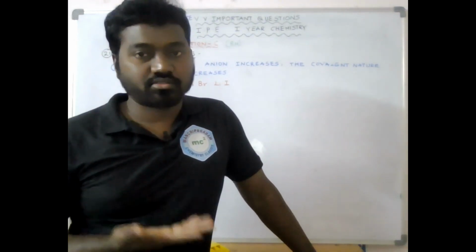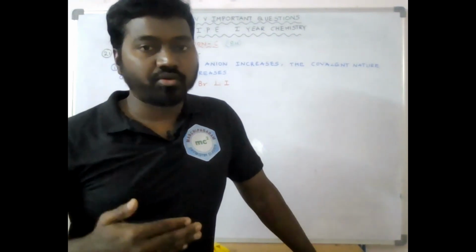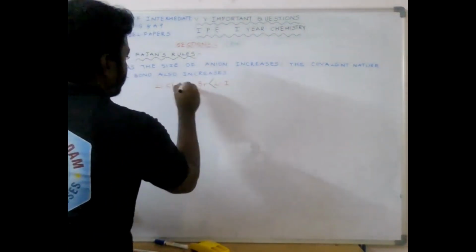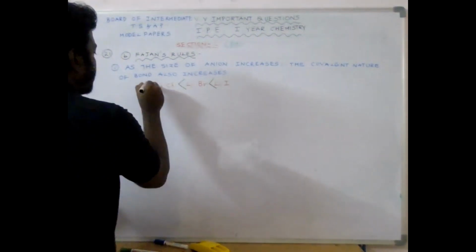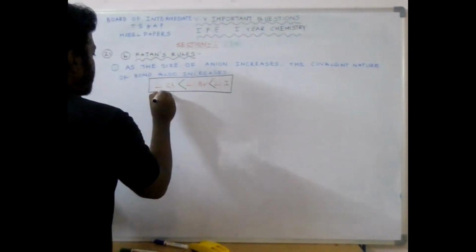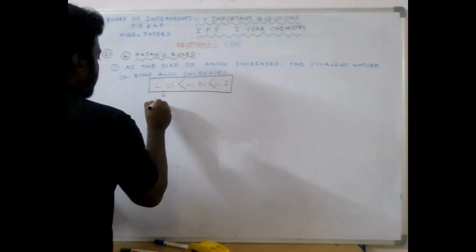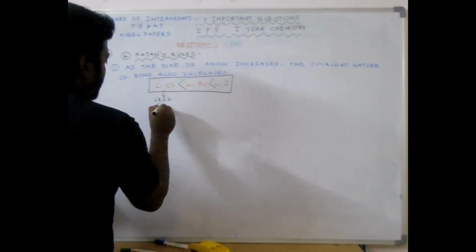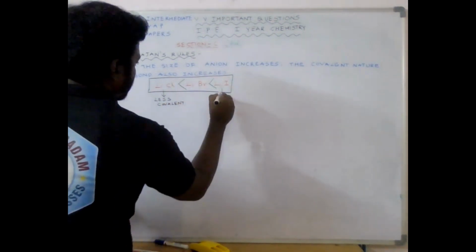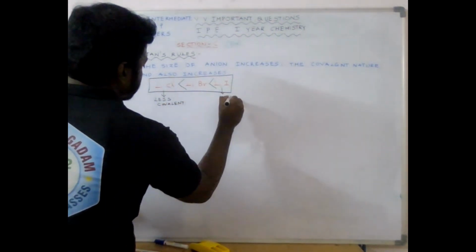It increases, from chlorine to bromine, bromine to iodine. Now which anion has more size? Iodine. That is why this has more covalent character when compared with lithium bromide and lithium chloride. This is the covalent order: this one has less covalent character, and this one has more covalent nature.